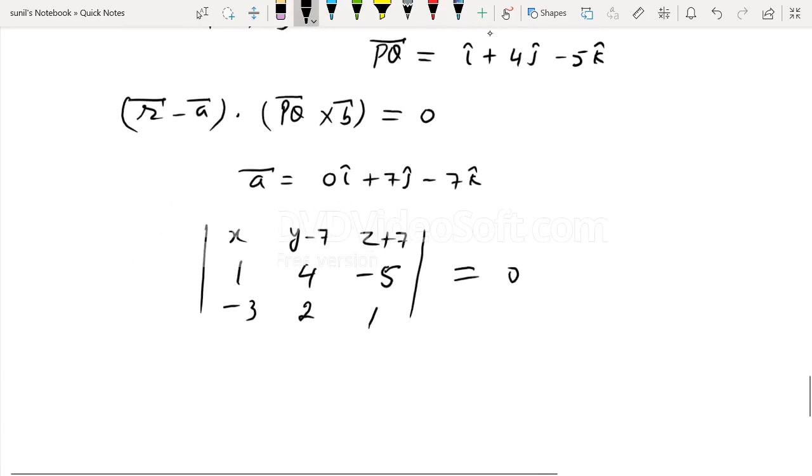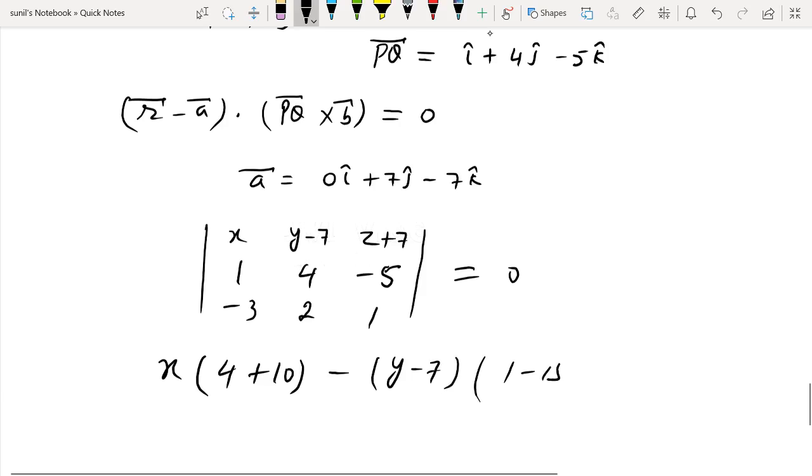If we simplify it, we are going to get x into 4 plus 10, minus (y minus 7) of 1 minus 15, and plus (z plus 7) into 2 plus 12 equal to 0.